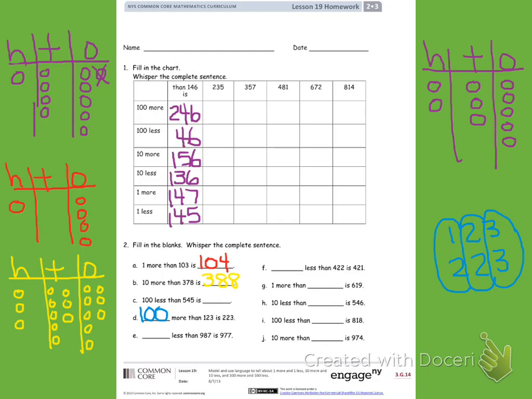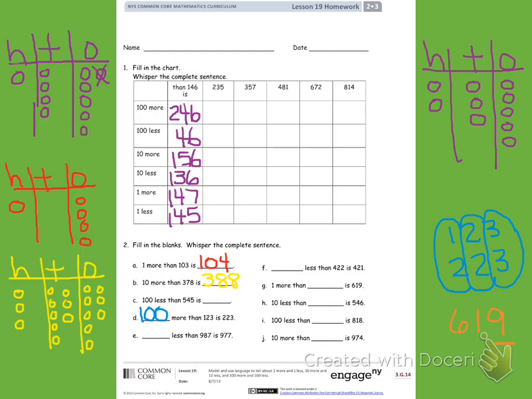And finally, items G through J. They tell you how many more or less the number is, but you have to figure out what the original number is. So on item G, 1 more than blank is 619. So I'll write the number 619. And I'll underline the ones column since it says 1 more than it is 619.